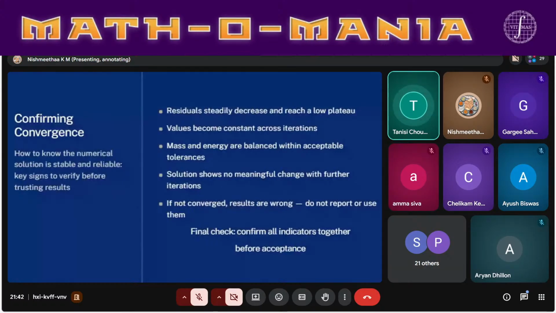So this is how you check whether all your indicators together are accepted. This is the basic workflow of computational fluid dynamics. Now let's move into the MATLAB part and get to know how MATLAB works.